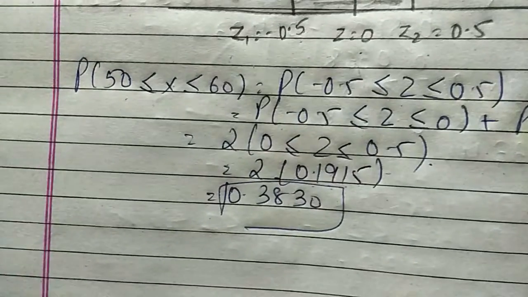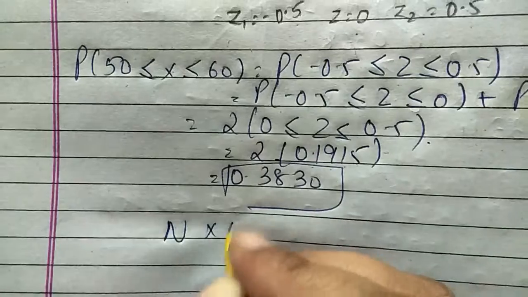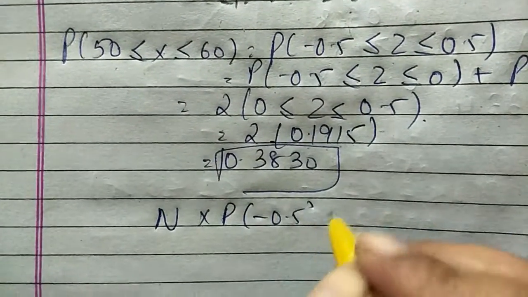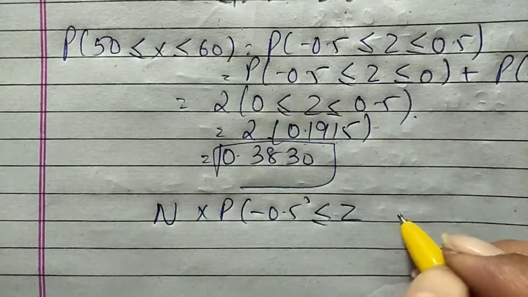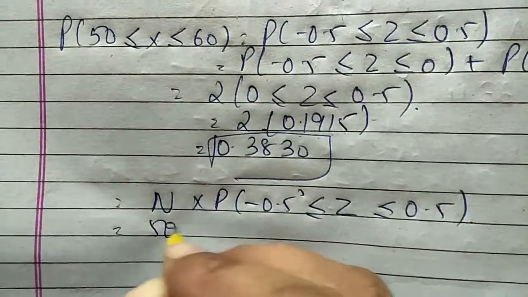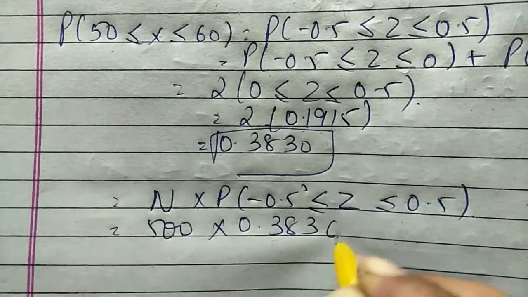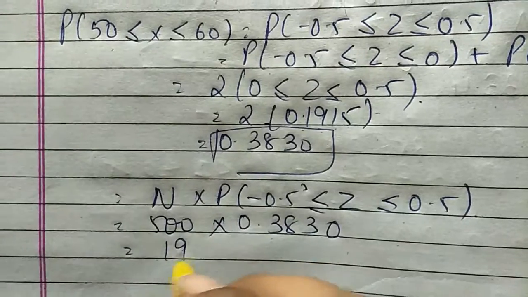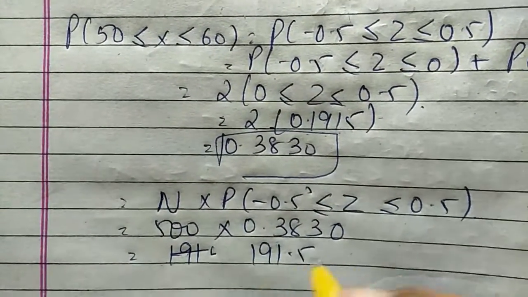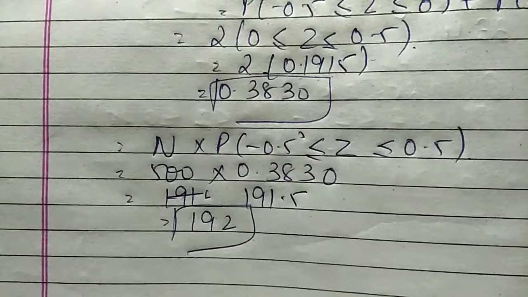Okay, hence the estimated number of healthy persons is N into P(minus 0.5 ≤ z ≤ 0.5), that is 500 into 0.3830, that is 191.5, approximately 192 persons.